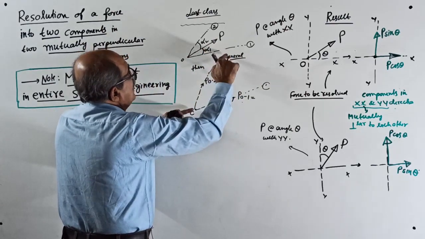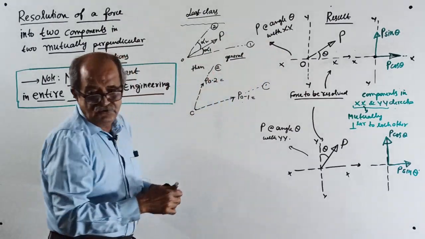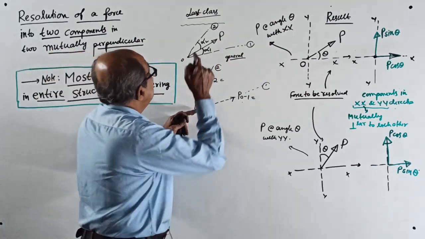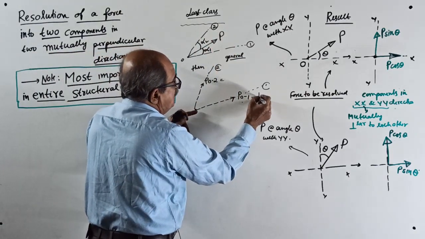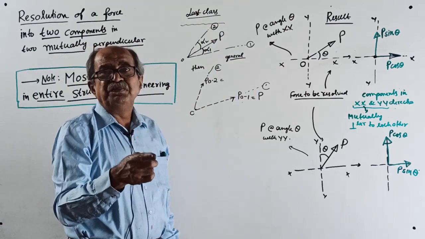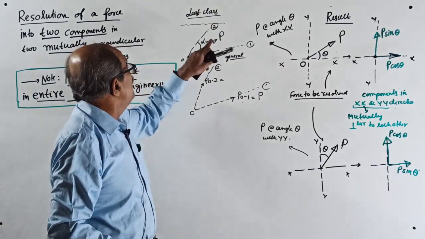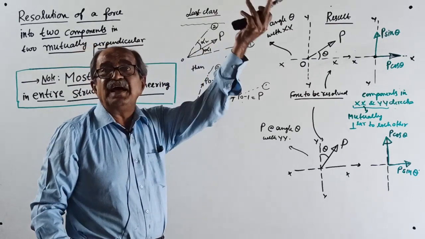If you want component along 1, the formula is: given force to be resolved, P, into sine of the angle between the given force and the other direction.